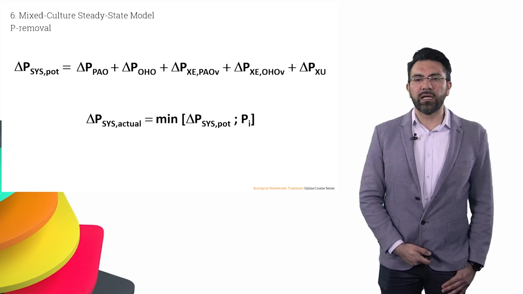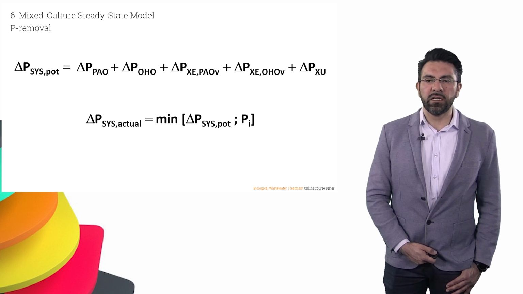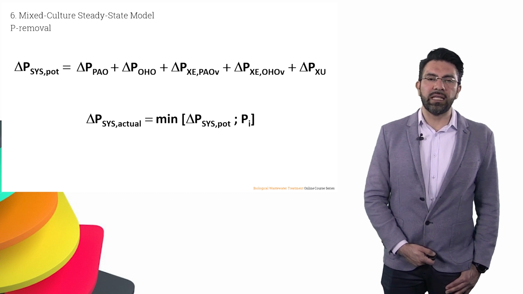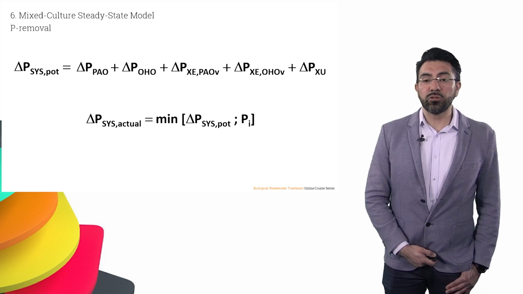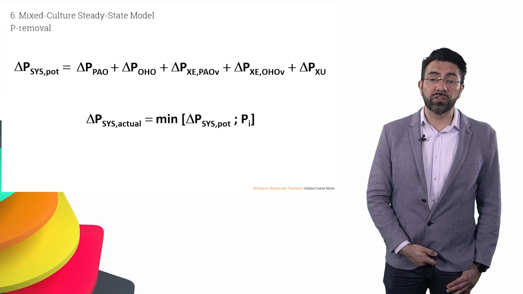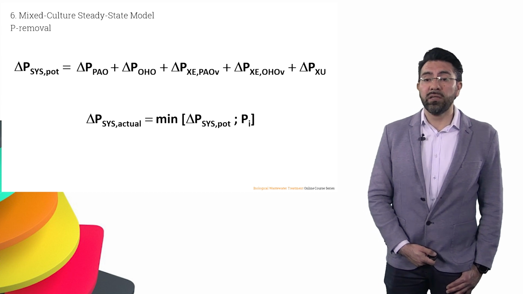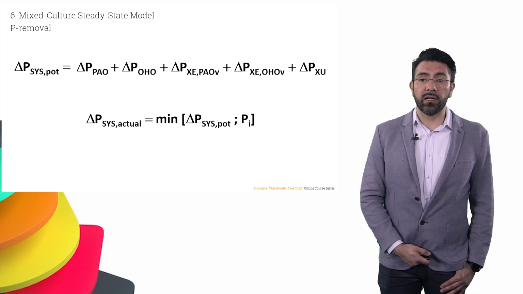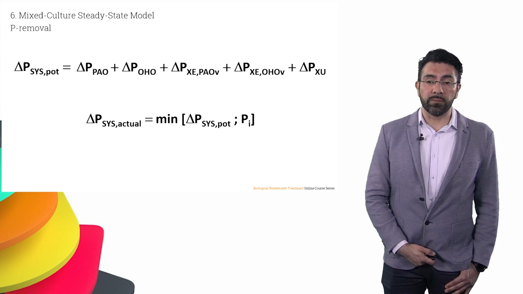And of course, and logically, if we want to meet specific discharge standards, the potential removal of phosphorus of the system has to be higher than the amount of phosphorus that we have present in the influent. Sometimes that is not the case, and we may have certain amounts of phosphorus that are left and that cannot be removed in an activated sludge system.